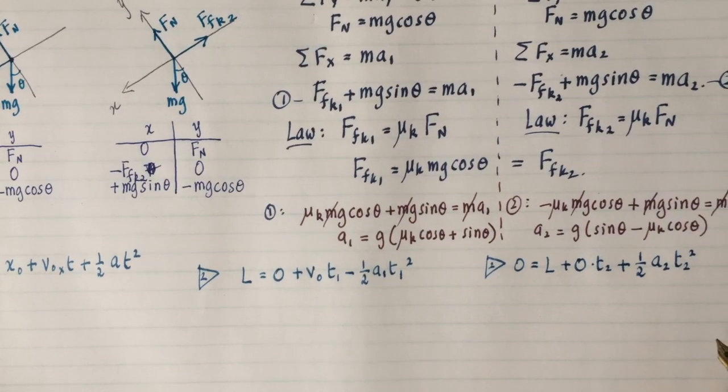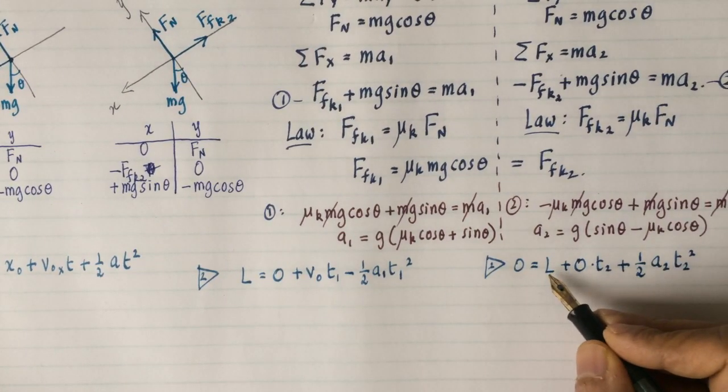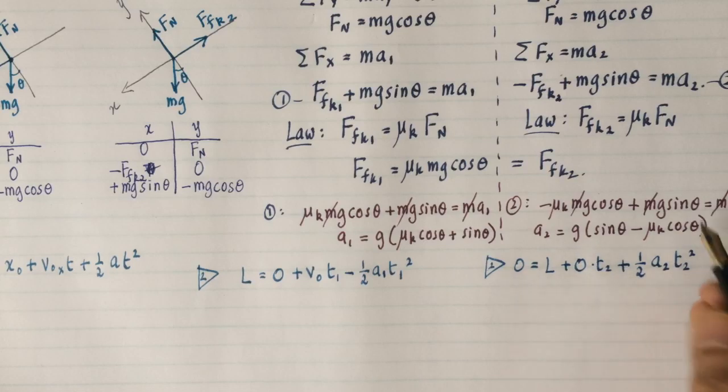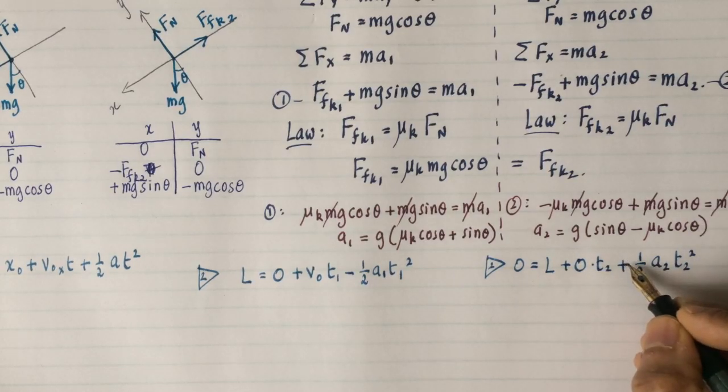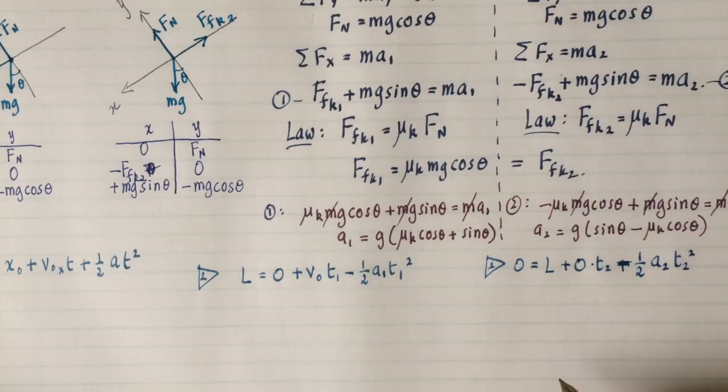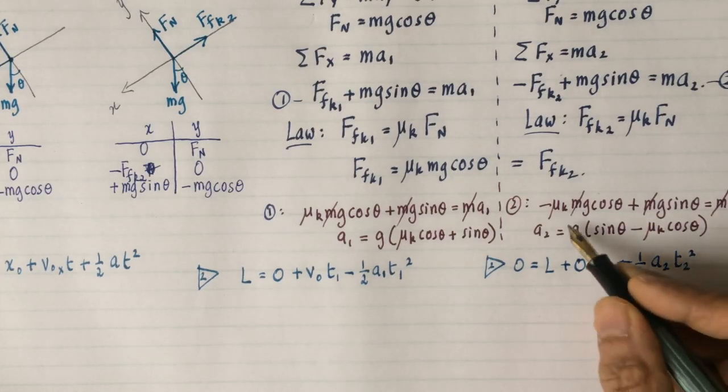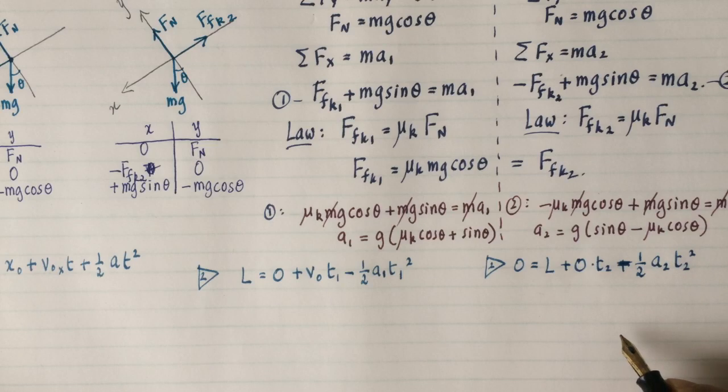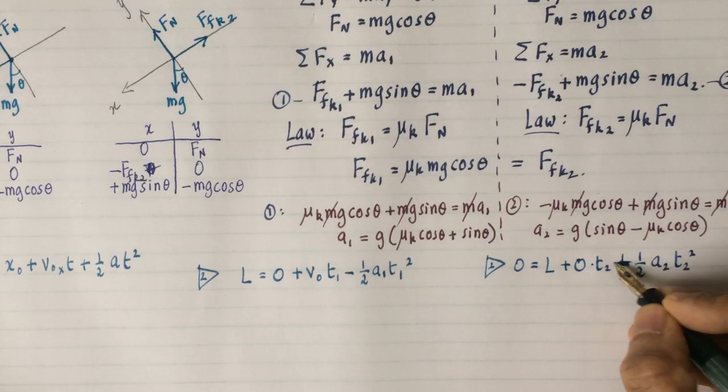Now because I have chosen my initial position to be L and the final position to be 0, I actually have to put a minus sign here for the acceleration. If I put the plus sign, I have to take the absolute value of this. It really doesn't matter. Let me continue putting the plus sign.